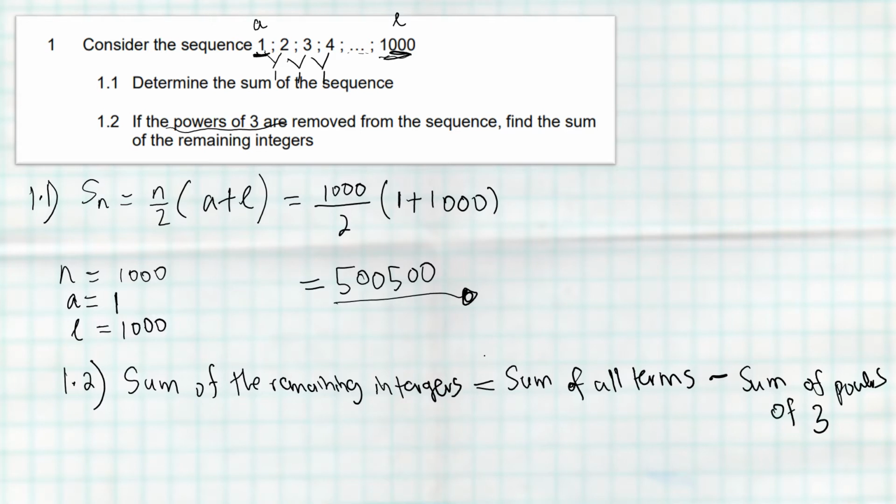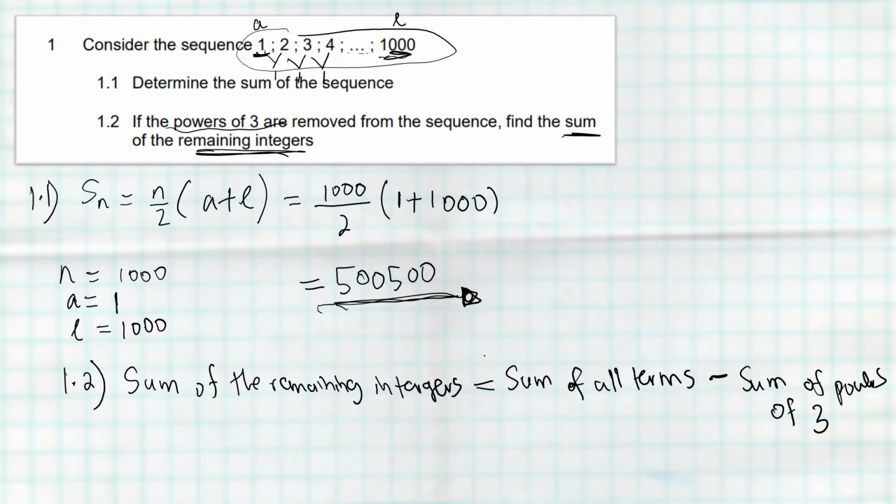It's obvious that if we get the sum of all terms and subtract the sum of the powers of 3, we're going to be left with the sum of the remaining integers. We have already calculated the sum of all terms in 1.1, because we found the sum of all the terms in that sequence. So we already have the answer, it's 500 there.